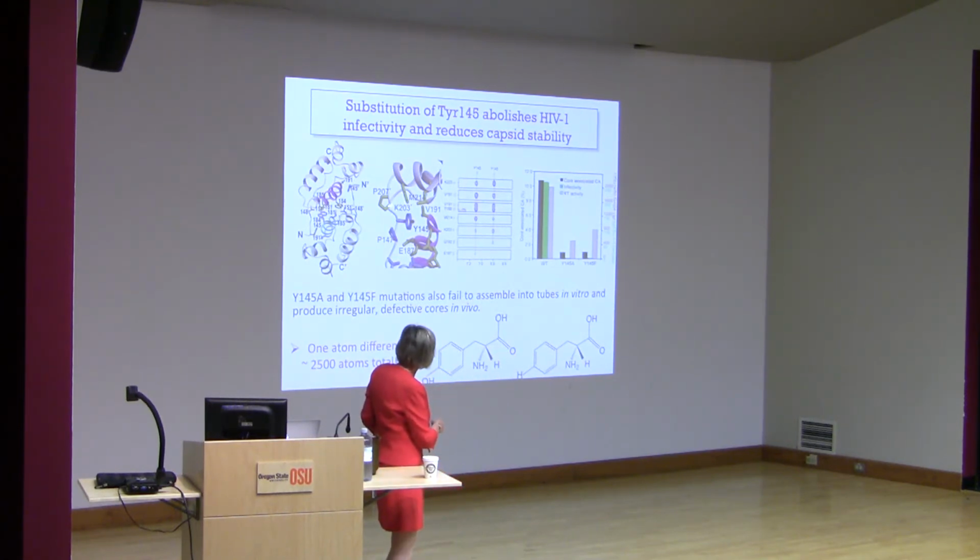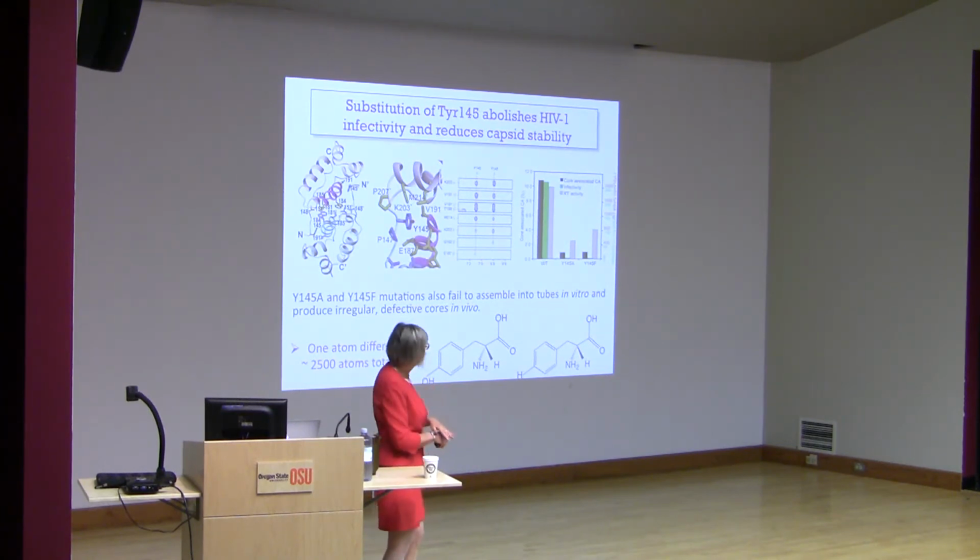So what we did, we took this tyrosine and changed it to an alanine and to a phenylalanine. If you do that, the virus is dead. So now we really know that this particular amino acid is very important.